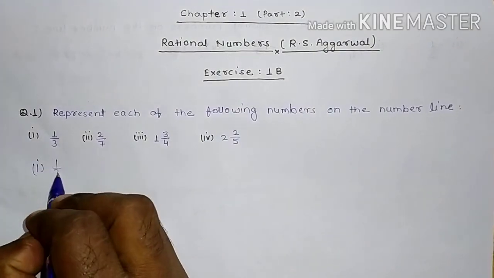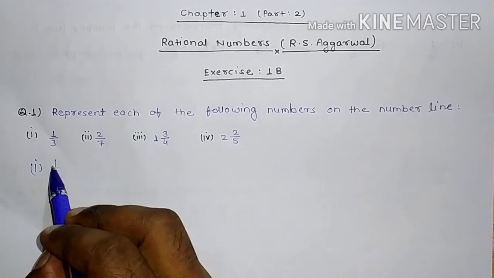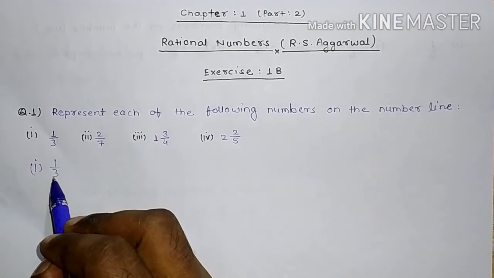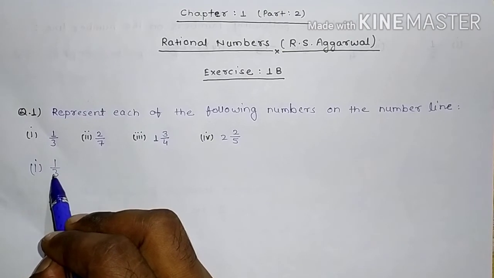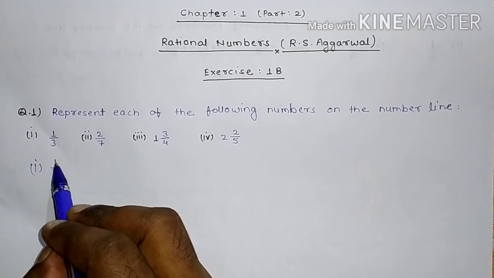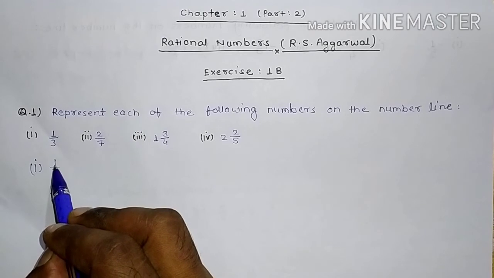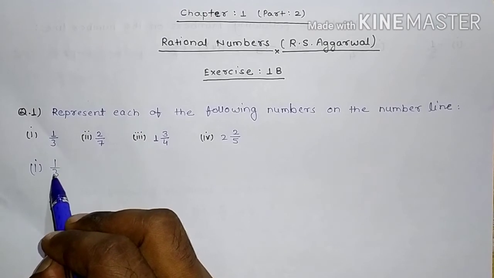1 by 3. Here numerator is 1 and denominator is 3. Now the numerator is less than denominator. Here 1 is less than 3 and numerator is less than denominator.